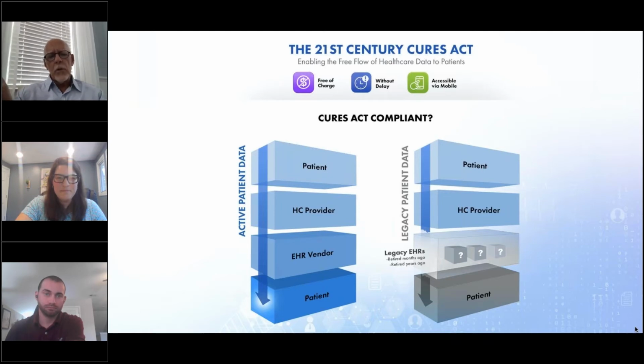So while we still are talking about our active EHR and the current EHR that our organizations are using, they are reliant upon the EHR vendor to put the processes in place, the technology in place to support those Cures Act goals, right?